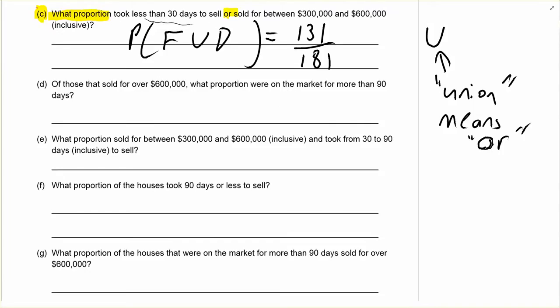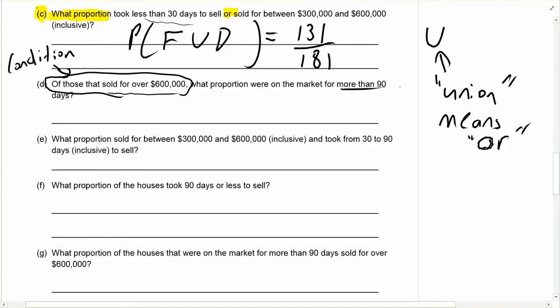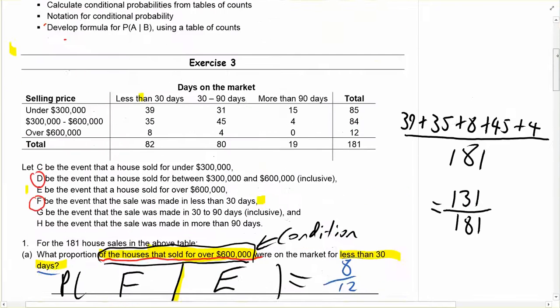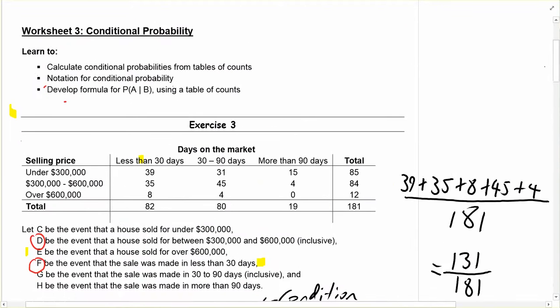So question 2D: of those that sold for over $600,000, so it's only out of those that sold for over $600,000, that's our condition, what proportion were in the market for more than 90 days? So how many sold for over $600,000? The answer is 12. And on the market for more than 90 days was 0.